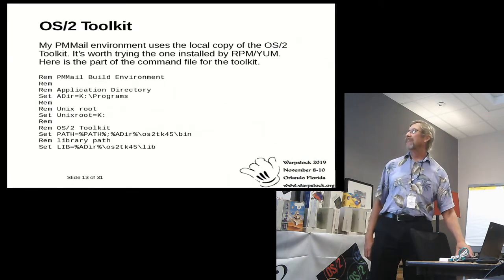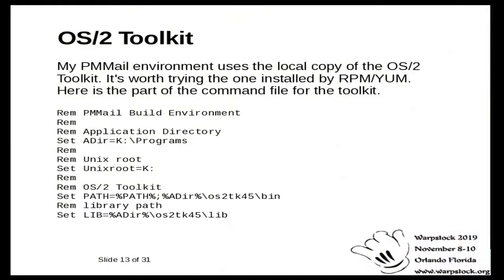So what did I have to do? Okay. Did I really do that? Okay, OS2 Toolkit. This is in RPM Yum, and I want to take a shortcut. I had a whole build environment based on tools that I arranged myself anywhere on the hard drive, and I had the OS2 Toolkit, so I skipped RPM Yum for the OS2 Toolkit, and so I had to set it up with my build environment Rex program, or it's not even Rex, it's just an OS2 command file.